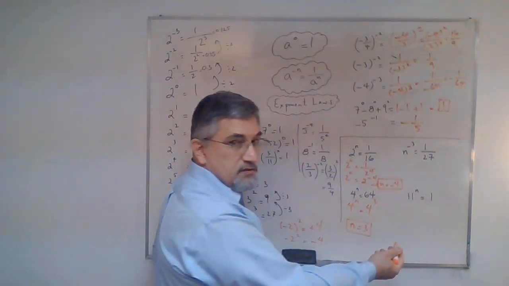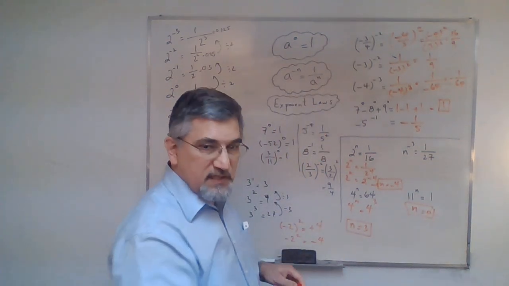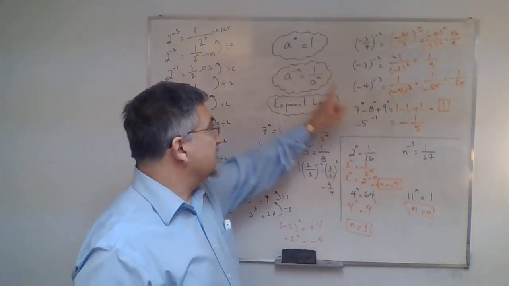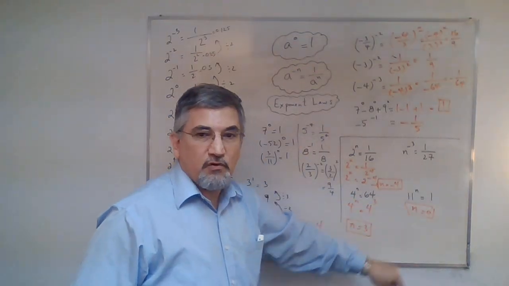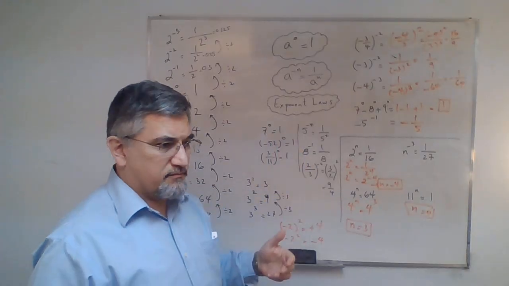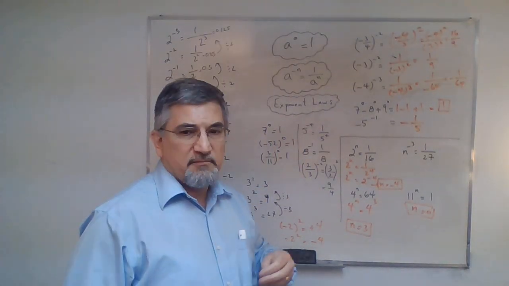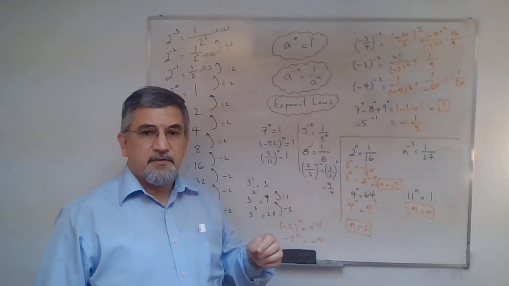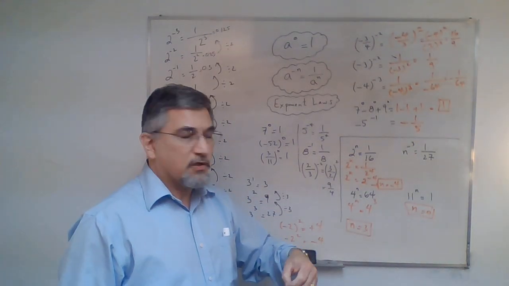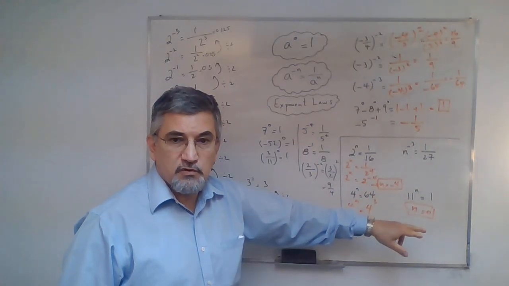This one is so easy because I would say n is equal to 0, easily, because we just said that any number, not necessarily only 11, but any number raised to the exponent of 0 is equal to 1. When I say any number, obviously, I'm not saying 0, because 0 to the power of 0 is a meaningless expression, but any non-zero number or fraction or integer, or any other non-zero real number raised to the exponent of 0 is equal to 1.